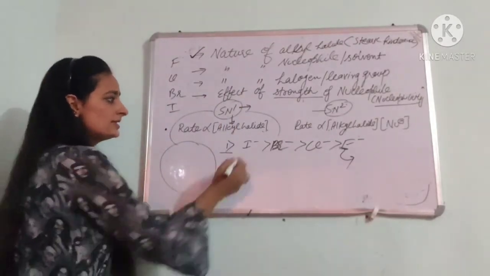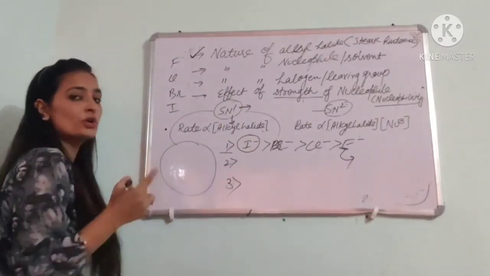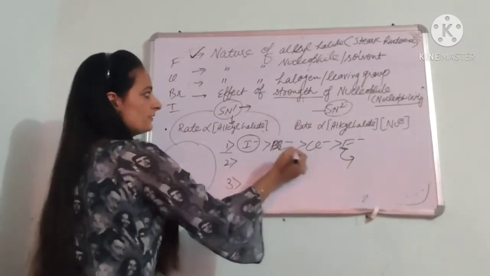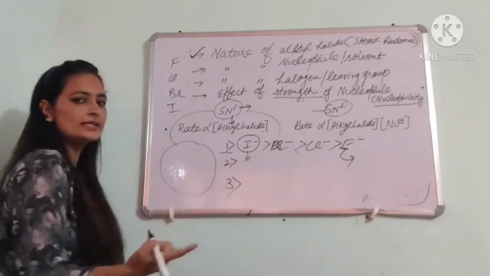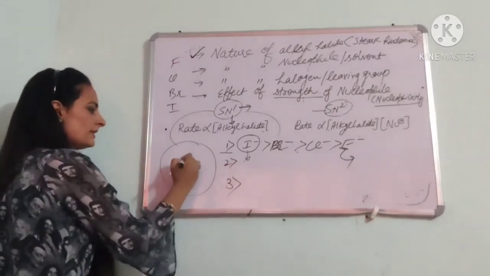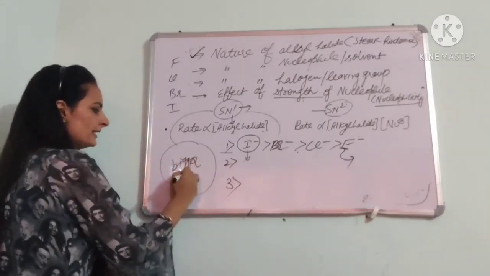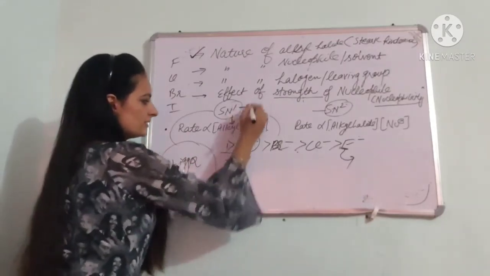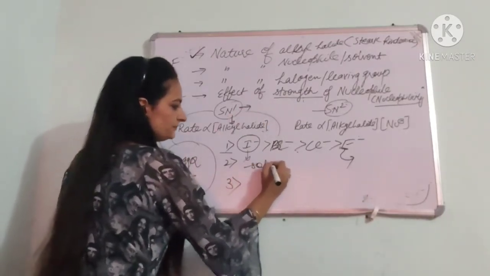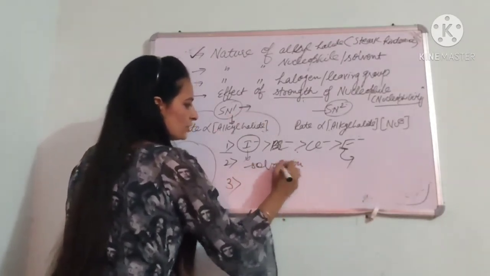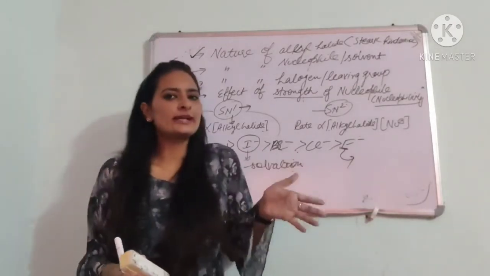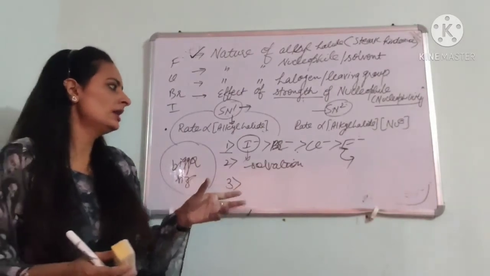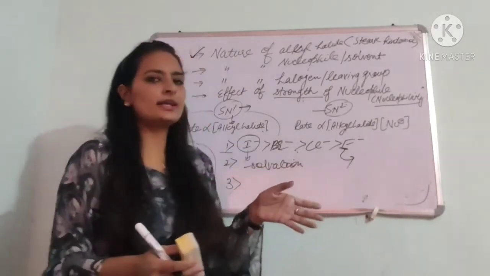So the very first factor under the effect of strength of nucleophile is polarizability: I negative donates its electron pair easily because of its bigger size. The next factor is solvation. Solvation means that the nucleophile has to tackle the solvent molecules before reaching the alkyl halide.